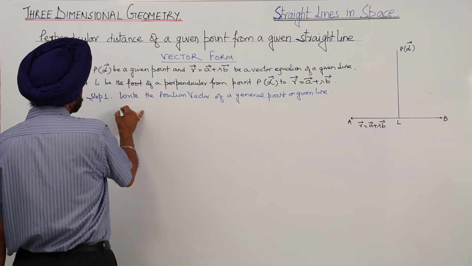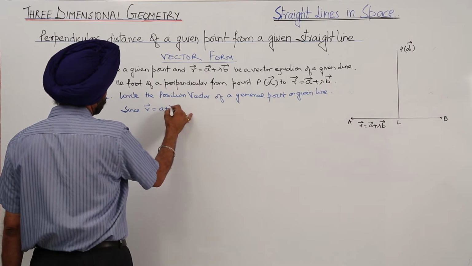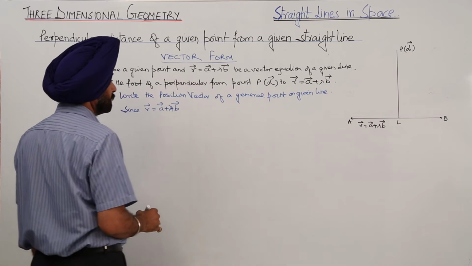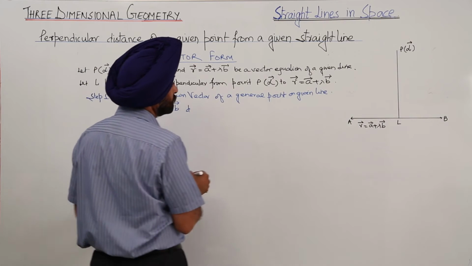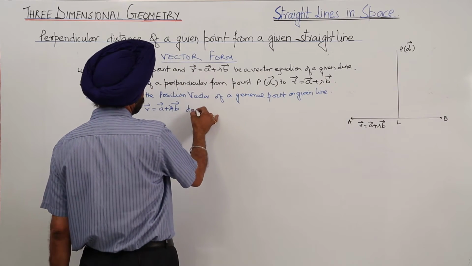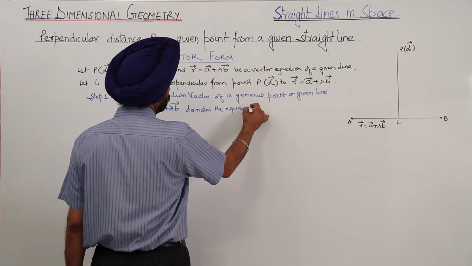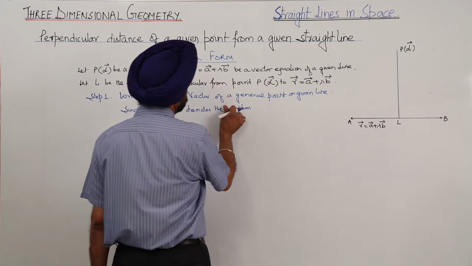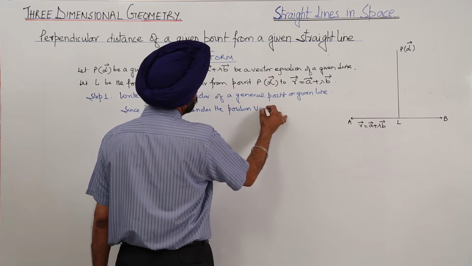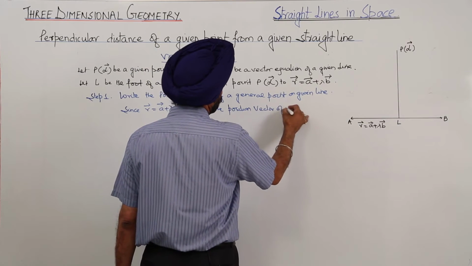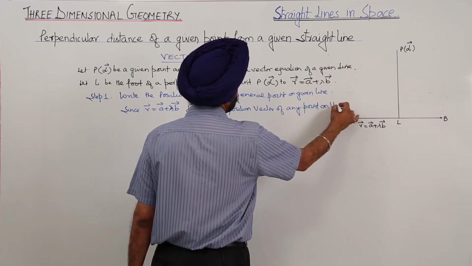Since vector R is equal to vector A plus lambda vector B, this denotes the position vector of any point on the line.